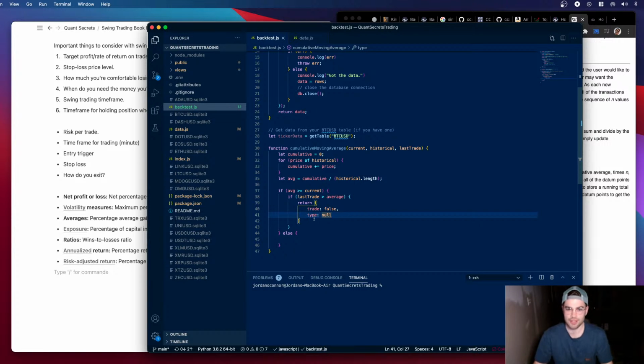So basically the last trade is like up here and the price is below the average. That means if the previous trade was higher, then I wouldn't want to do anything. I would want to wait till it comes back up above the average before I buy again.